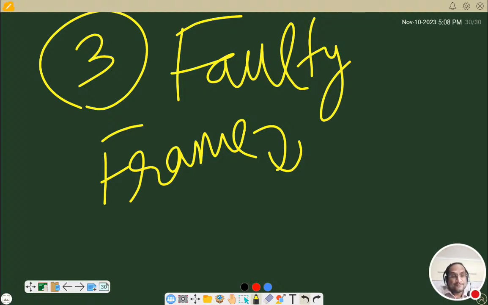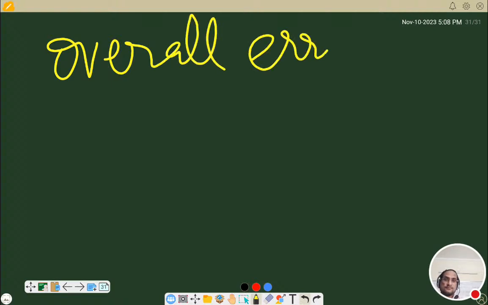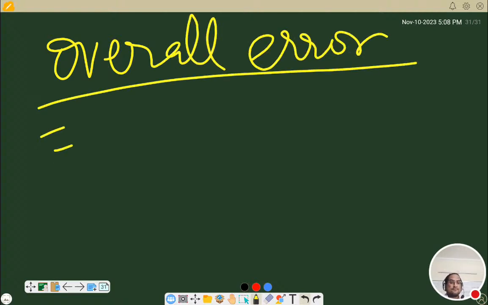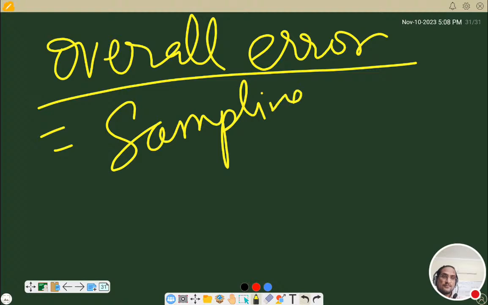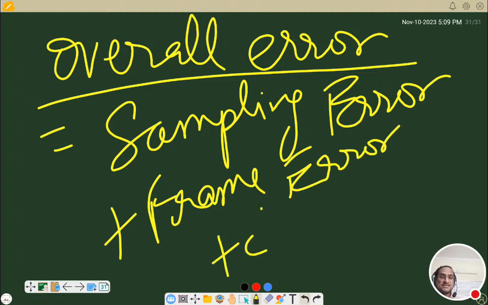Why are we counting the frame error? The overall error in a sampling method consists of sampling error, frame error, and chance error.